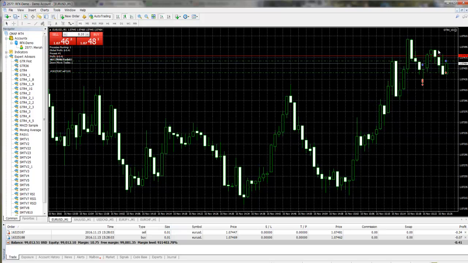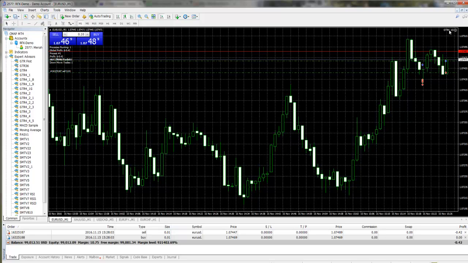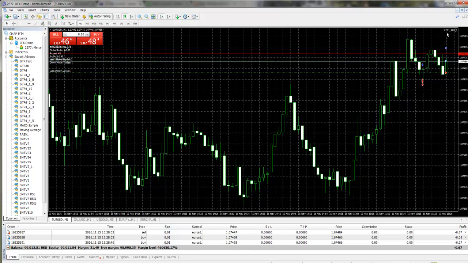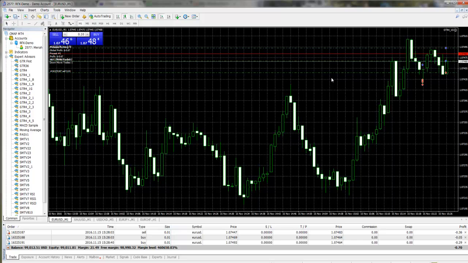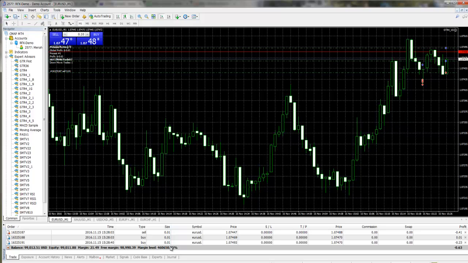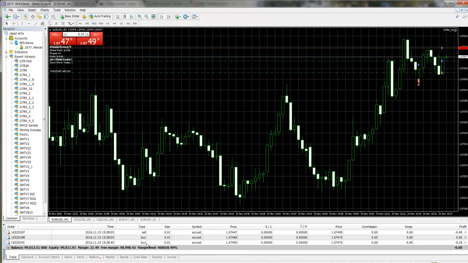This smiley here with the name of the algo is the indication that everything is currently just fine. If it was the opposite smiley, it would mean that the robot currently has some malfunction. But gladly, this is not the situation. And while we speak, here is another buy order, which the robot just launched.